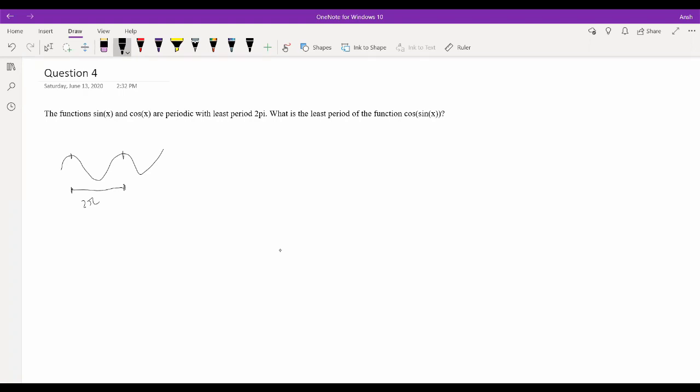So it asks us to find the least period of the function cos of sine x. Well, at first you might think, oh, this is just a composition of two functions with a period of 2 pi, so we can just say it's 2 pi, right? Well, not quite. Going back to some of the identities we learned with trigonometric shifts, we know that cos of negative x is equal to cos of x.